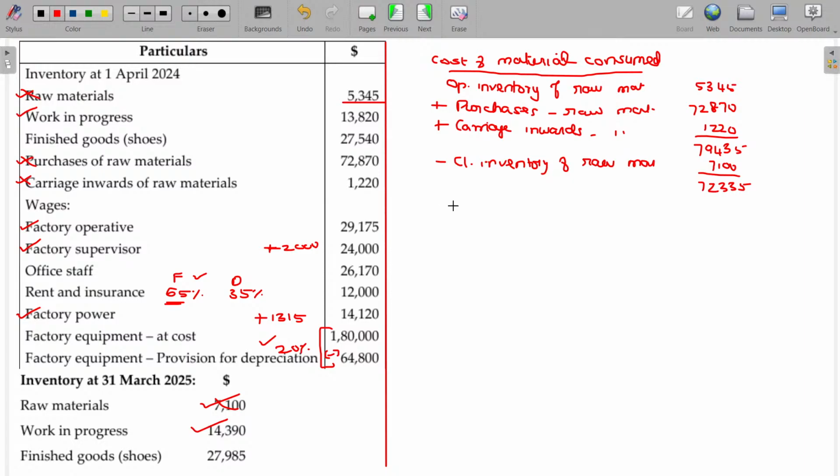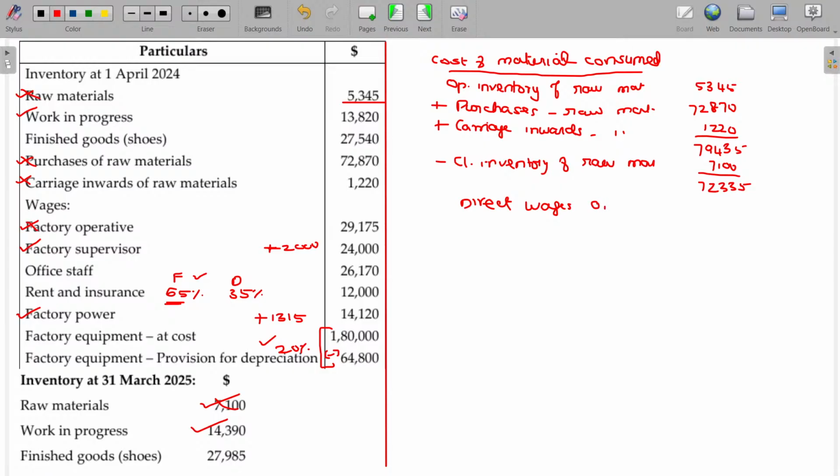Now you have to add direct wages. Factory operative direct wages will be a part of this one.